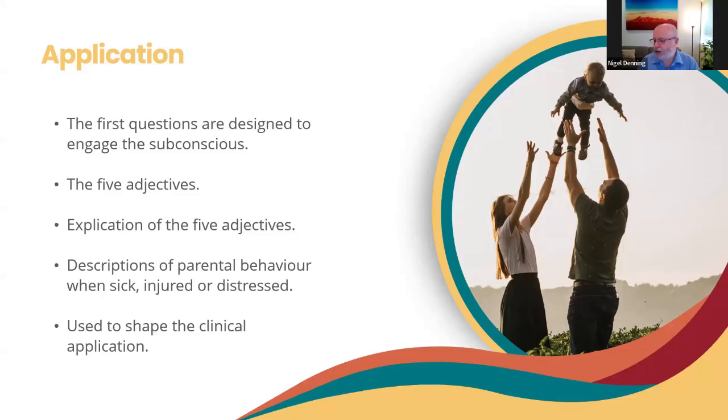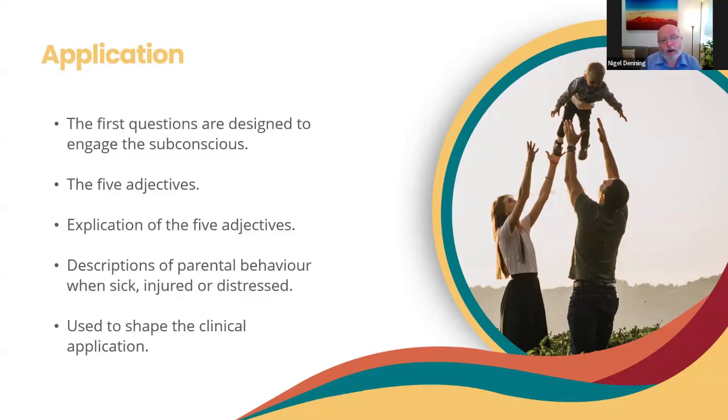Now, someone with a dismissing attachment style will struggle, and so you do a bit of encouragement. Sometimes they get to 5, sometimes, at worst, they can only come up with 3, but we need at least 3. Once we've got those adjectives, we ask then for an event or a situation that really explains that adjective.